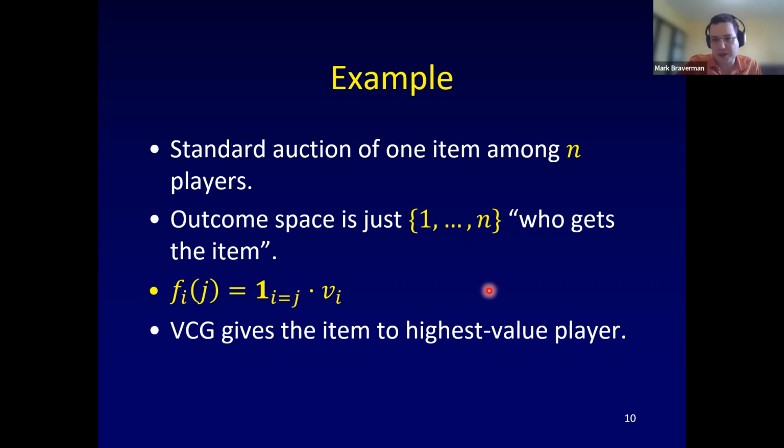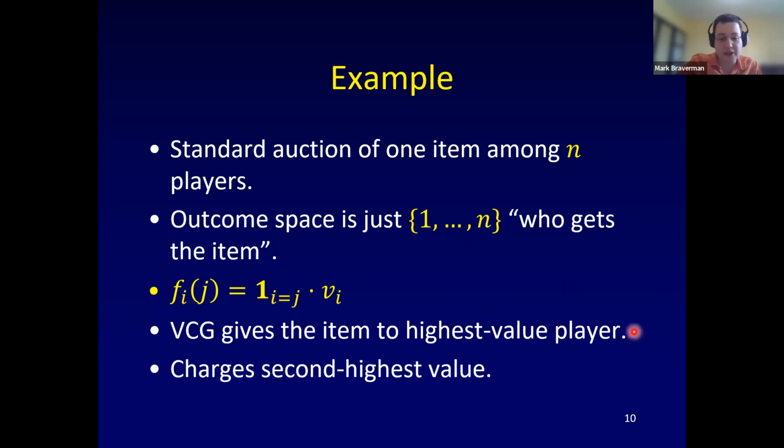VCG will maximize utility, so it will give it to the highest value player and charge the second highest value, because if that player didn't exist, the item would go to the second highest bidder. So it charges the loss of utility cost to the second highest bidder. So VCG recovers the second price auction in this case.